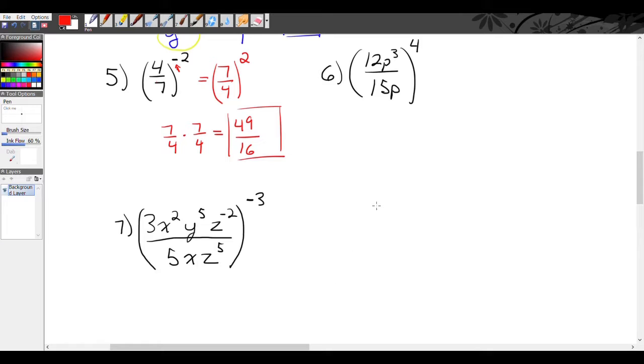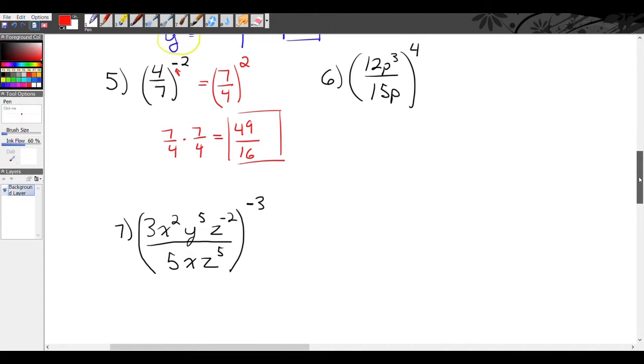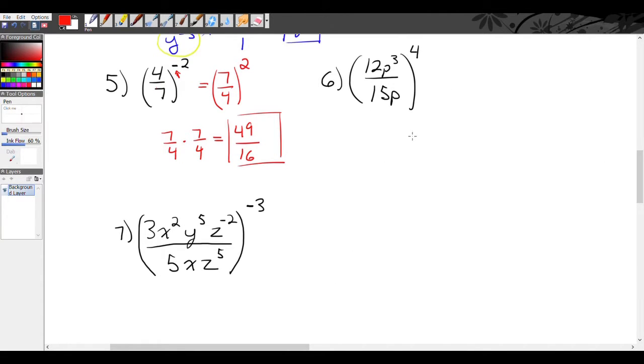Now, if you take a look at number 6, it can be a little scary, a little confusing, because you might be thinking, wow, I have to do 12 times 12 times 12 times 12, right? Because we have to distribute the exponent of 4 to this 12. So 12 times 12 times 12 times 12, that's big.